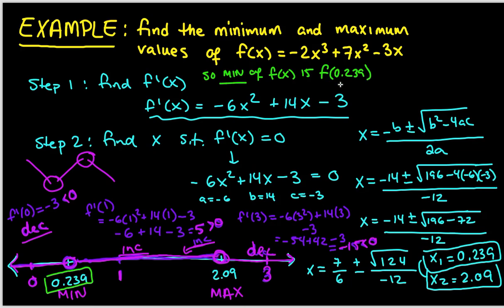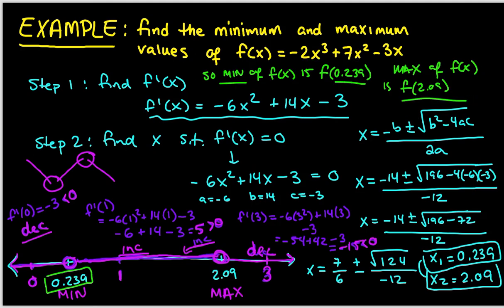And it occurs at 0.239. And the max of f is f of 2.09. So you plug 2.09 in for all these x's, and whatever you get would be the max, and that's how we denote that.